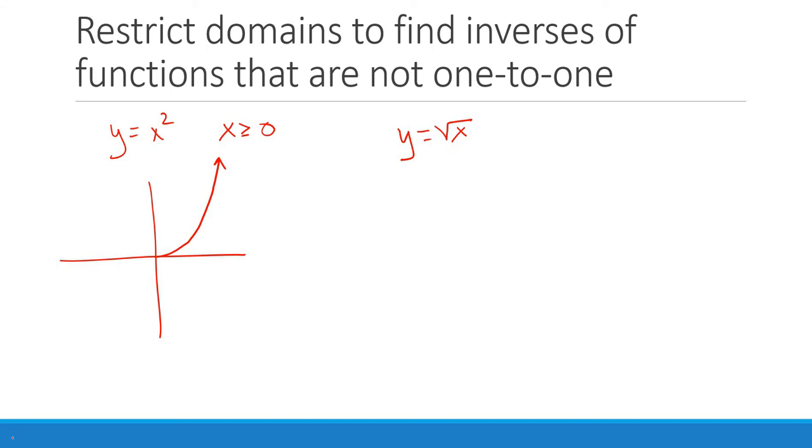So now my inverse, if this is my y equals x squared, my inverse looks like this. It's only half of that graph, and now it is a function. So y equals the square root of x. So if I restrict the domain, then I can get a function for my inverse. We'll talk a little bit more about this in class if that's not quite making sense to you. I know it's hard to get that idea.